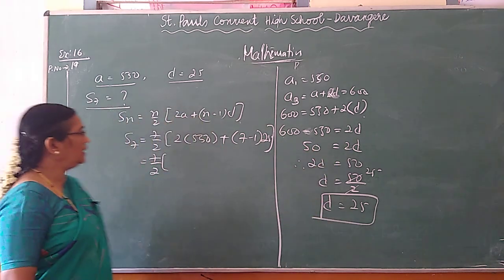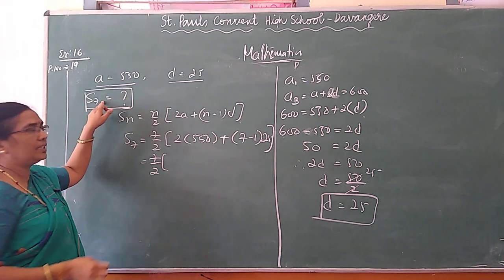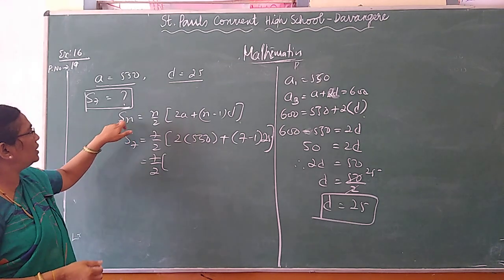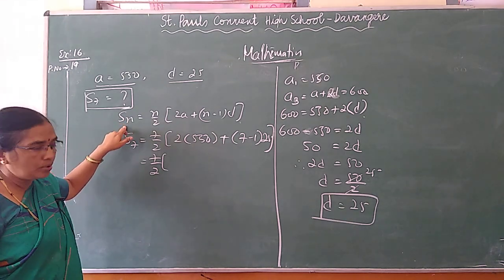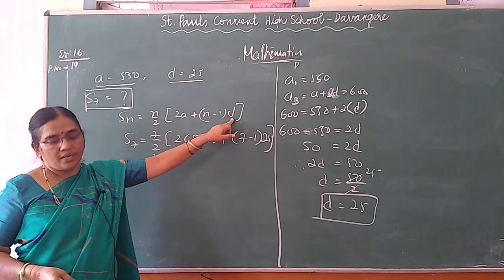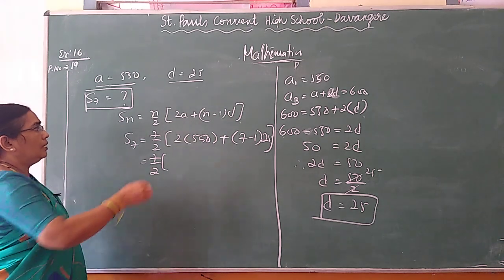After knowing the D, we can substitute the values A and D to get the S7. So how are we going to do with the S7? We know the formula. Sn is equal to n by 2 into 2a plus n minus 1 into d. I said no children, it is a very important formula.